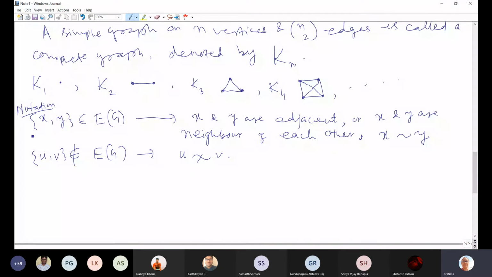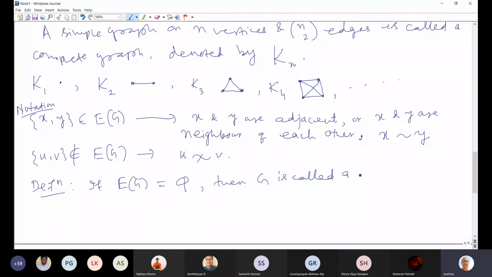Well, now I shall come to the graph in which no edges will be there. Suppose for a graph G, the edge set of the graph G is empty, no edges will be there, then G is called a null graph.